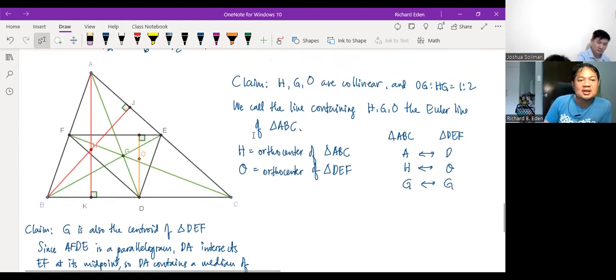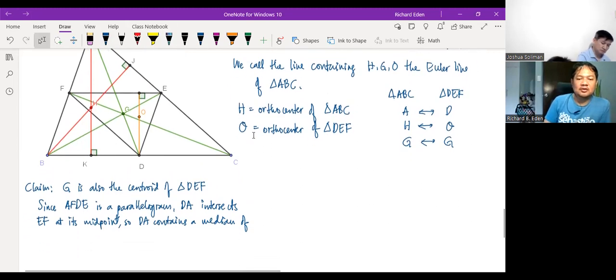The median DA of ABC contains a median of DEF.